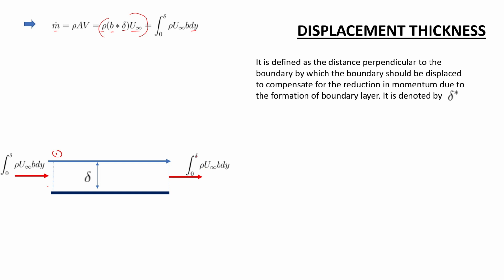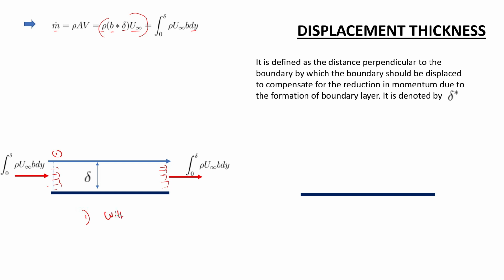And here also you can see that the mass flow rate is integral 0 to delta rho u infinity b dy. So this is the top streamline. There is a fluid flow here like this. Thickness is delta.